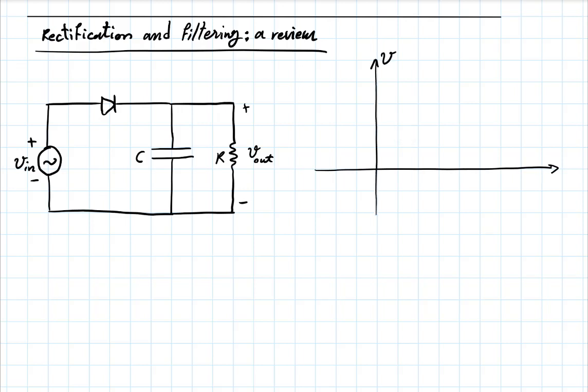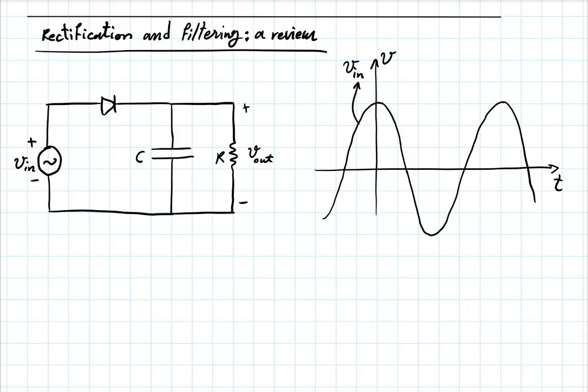So if this is voltage as a function of time, and if my input was this sinusoidal signal, or in this particular case, a cosine signal, so if this is my Vin as a function of time, we analyzed the circuit in detail, and we saw that the behavior for the output will be essentially like this, that the output rises with the charging of the capacitor during part of the cycle, and then it goes down as the capacitor discharges into the load resistor when the diode is off.